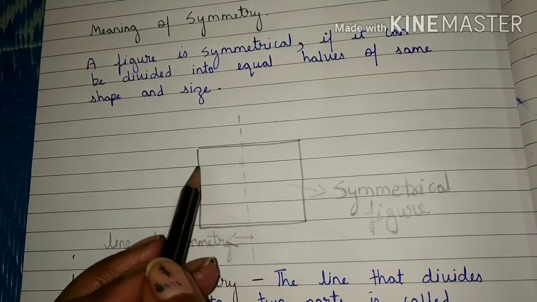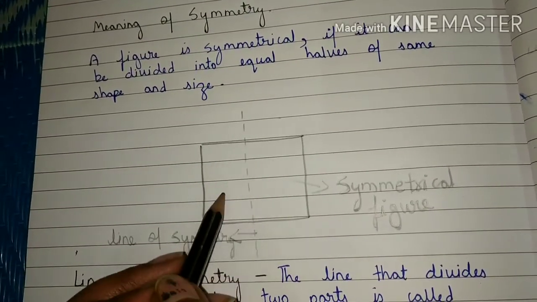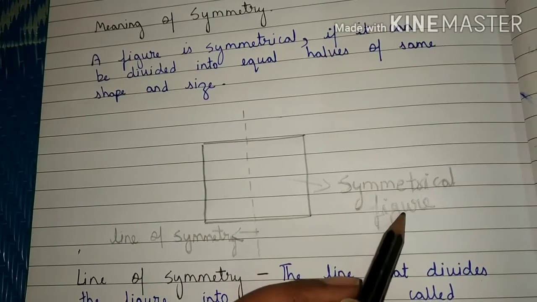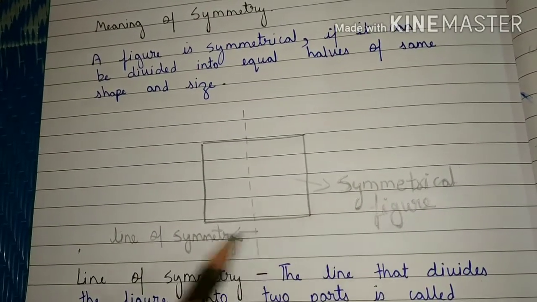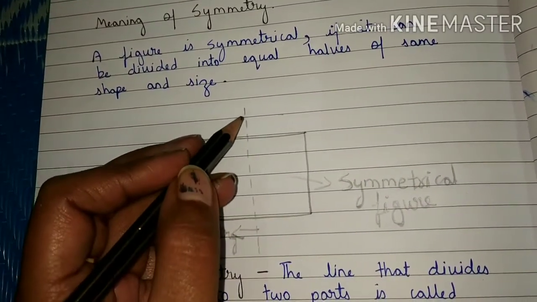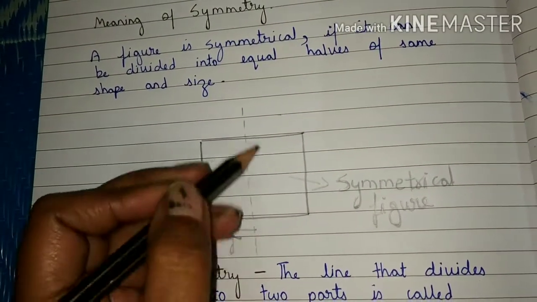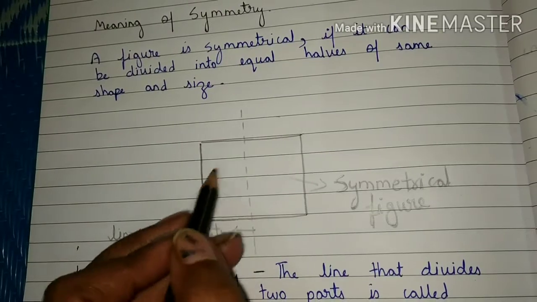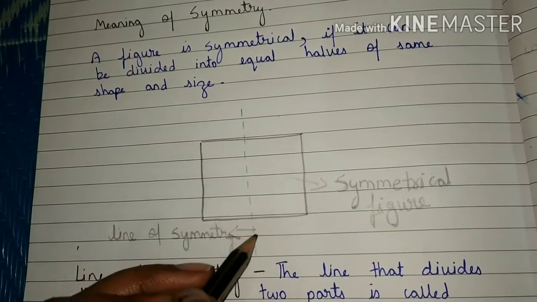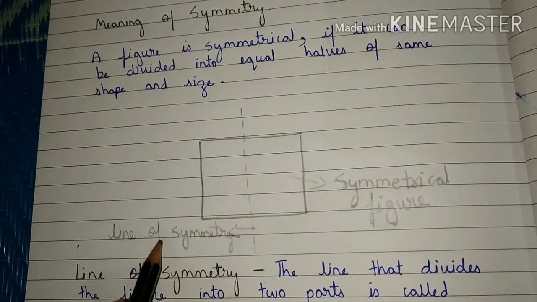So students, this type of figure is known as symmetrical figure. Now students, this line divides the figure into two equal parts. So this line is known as line of symmetry.